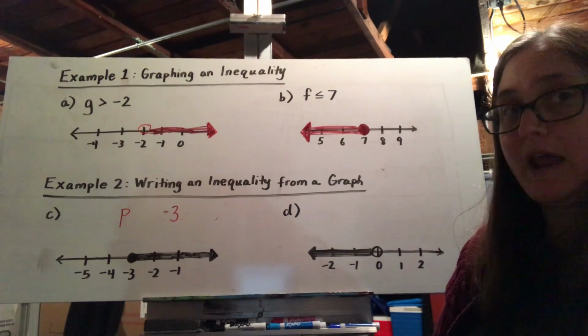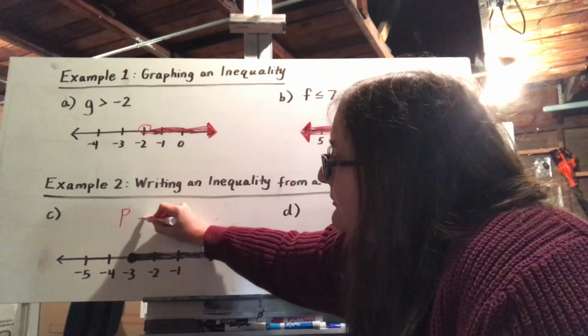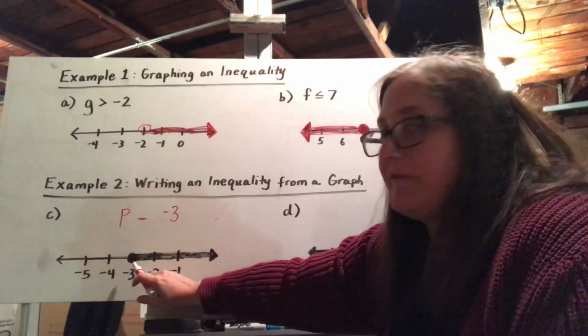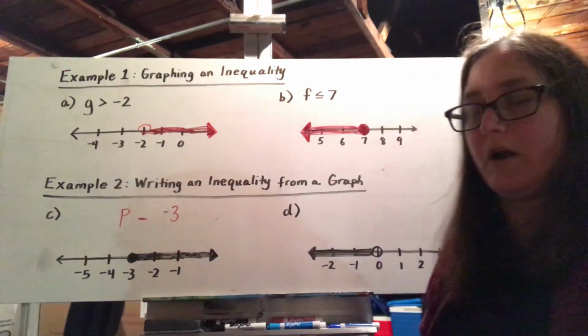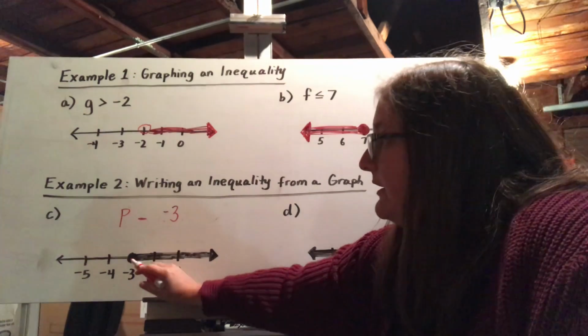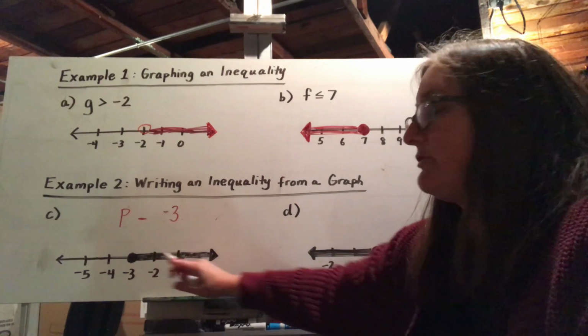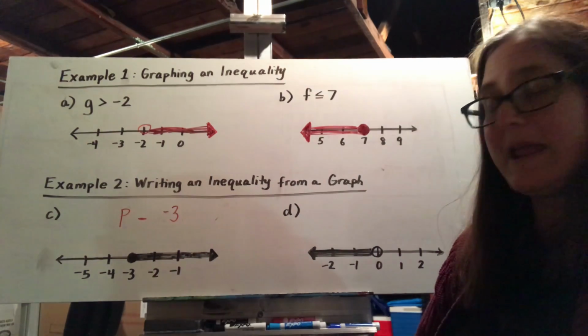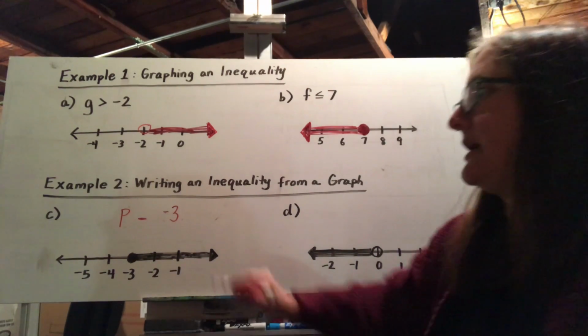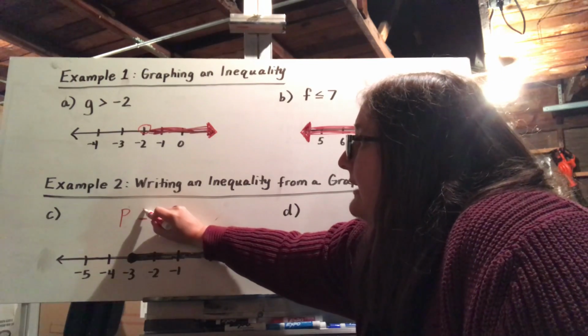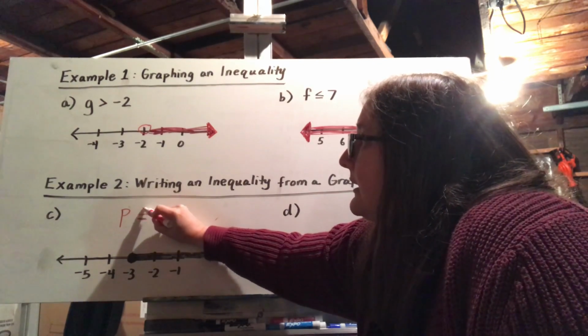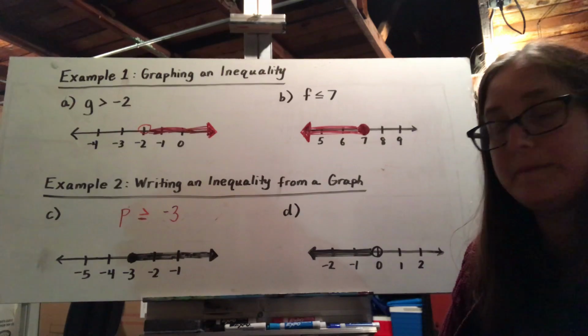I know that the sign that I pick has to have that equal sign as part of it because I have a closed circle here for my circle at -3. I also see that everything is shaded over here to the right, which means my answers are bigger than -3. So p has to be bigger than -3. So there is my inequality.